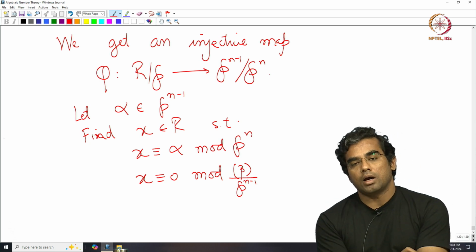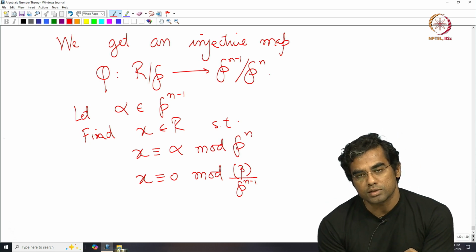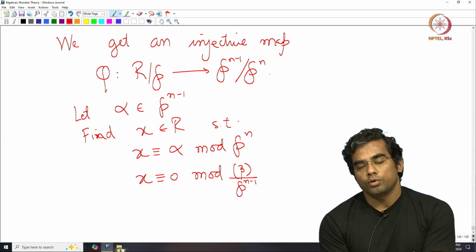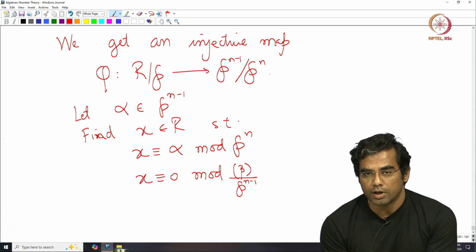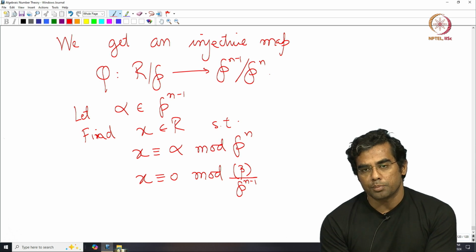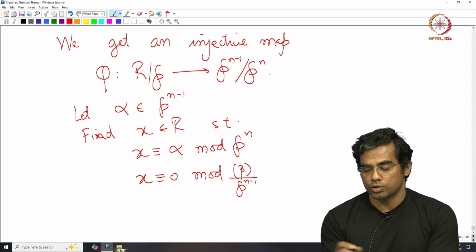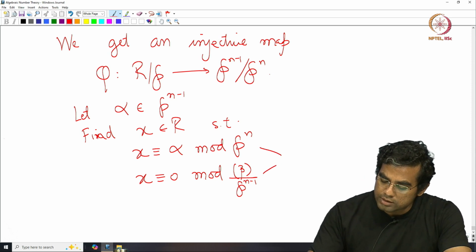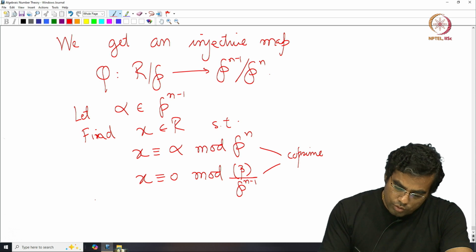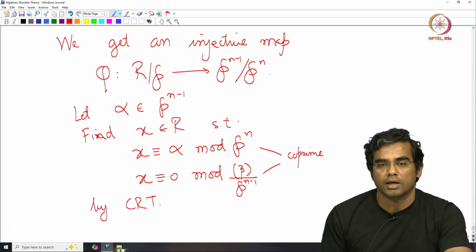Because beta is contained in P^(n-1), but not in P^n, if you take the prime factorization of the ideal generated by beta, P^(n-1) will appear in the prime factorization, but P^n will not. So, these two ideals are co-prime, so you can use the Chinese remainder theorem to find such an x.